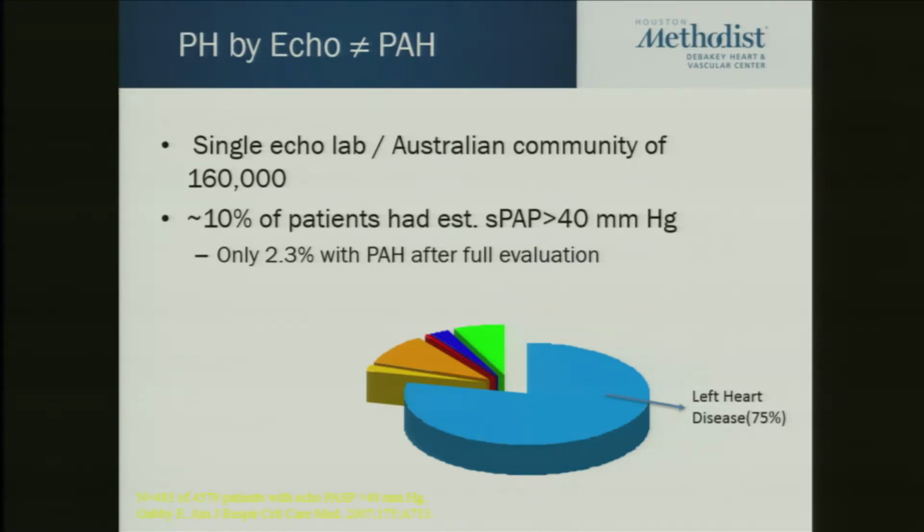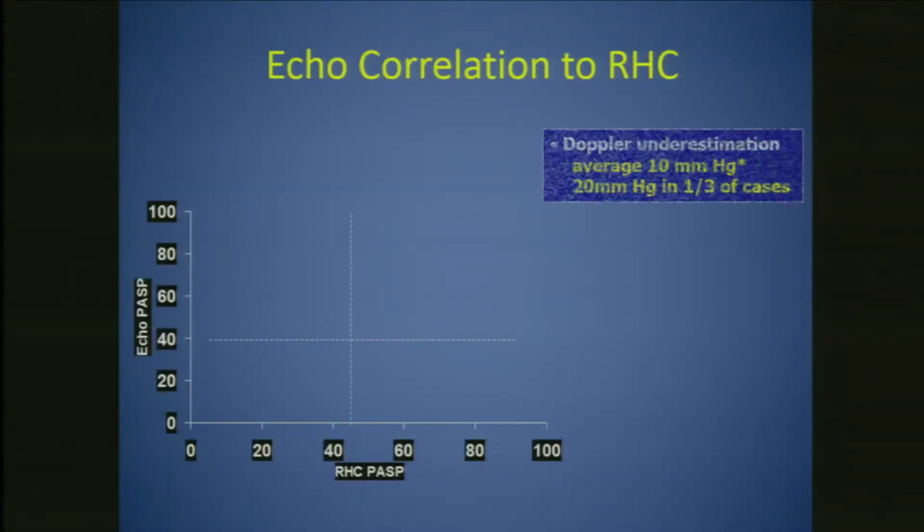PAH. So most often, like we discussed, the most common cause for pulmonary hypertension is left heart disease. And in this study from Australia, only about 2.3% of the patients who had elevated PA pressures on echo ended up having pulmonary arterial hypertension.